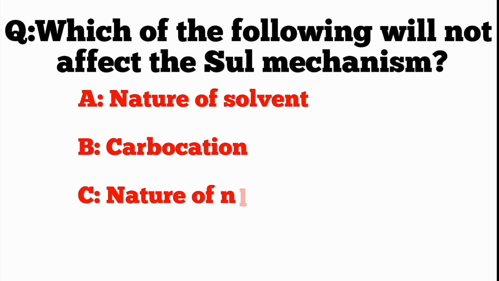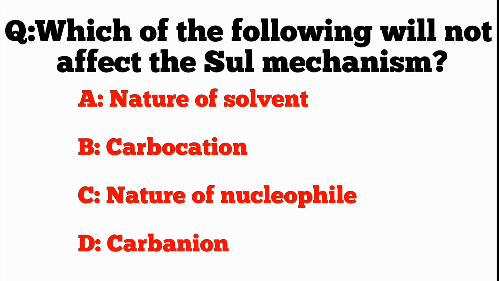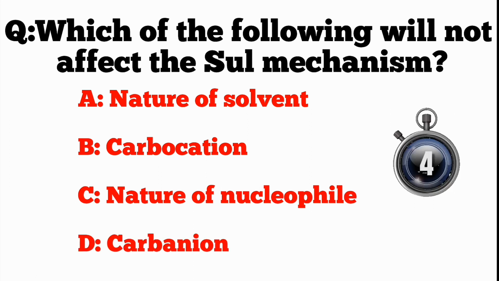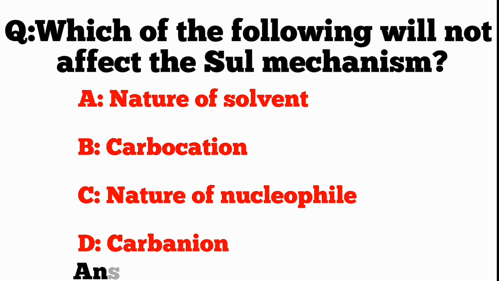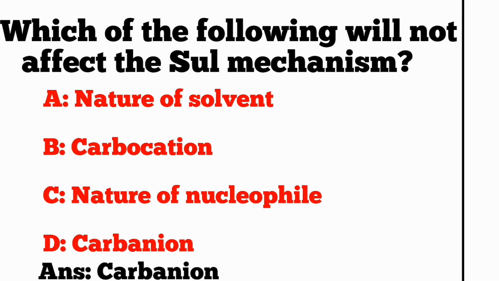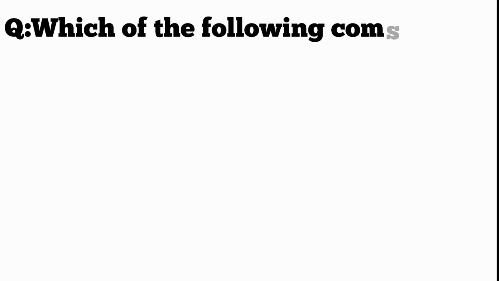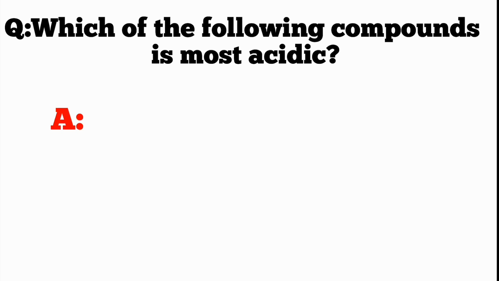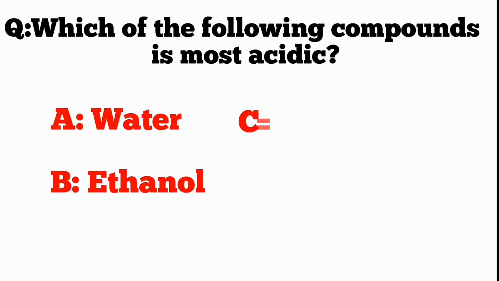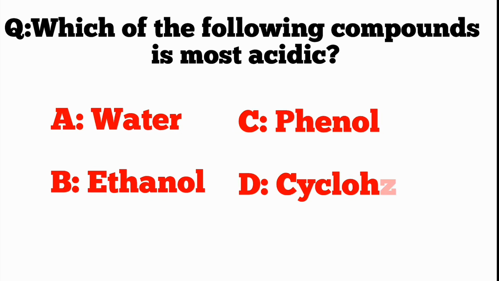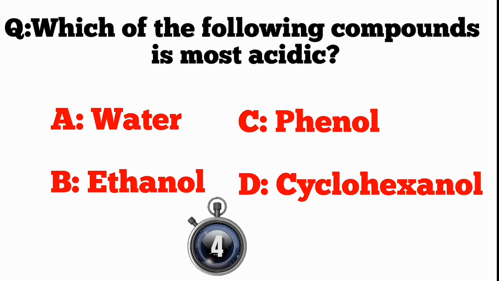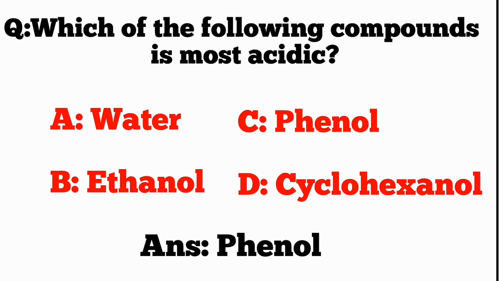C. Nature of nucleophile. D. Carbanion. Ans. Carbanion. Q. Which of the following compounds is most acidic? A. Water. B. Ethanol. C. Phenol. D. Cyclohexanol. Ans. Phenol.